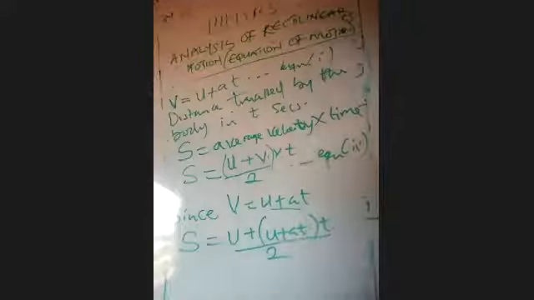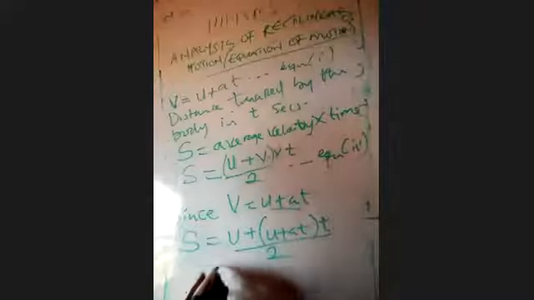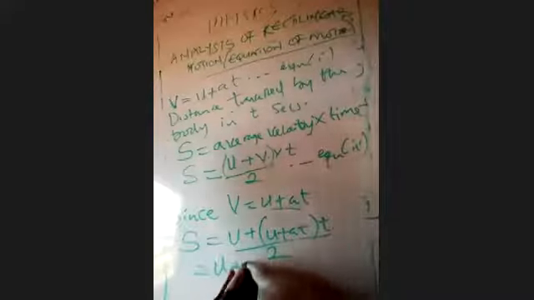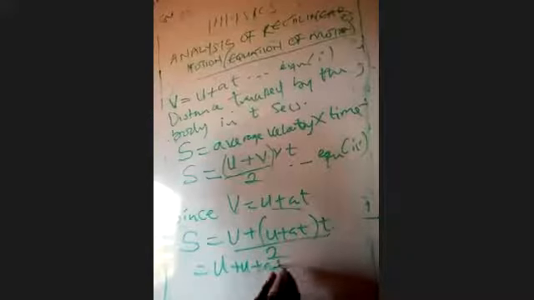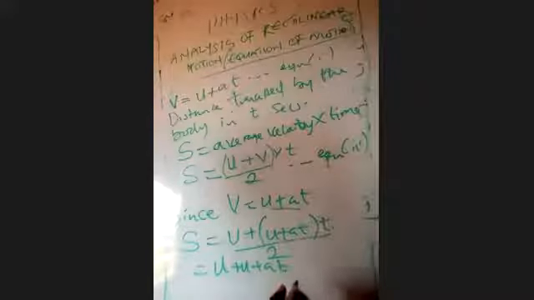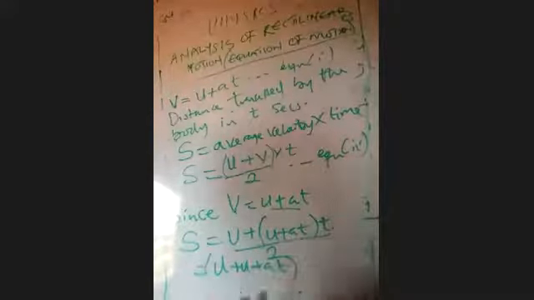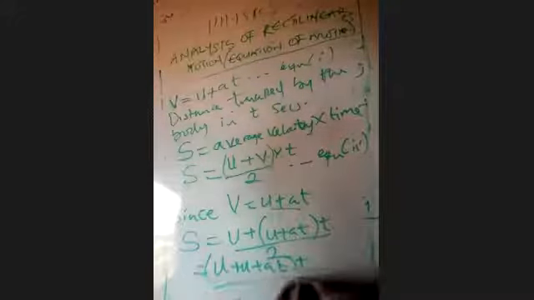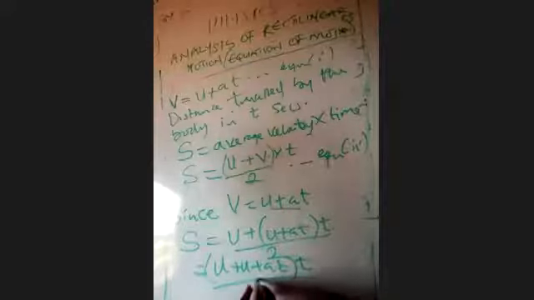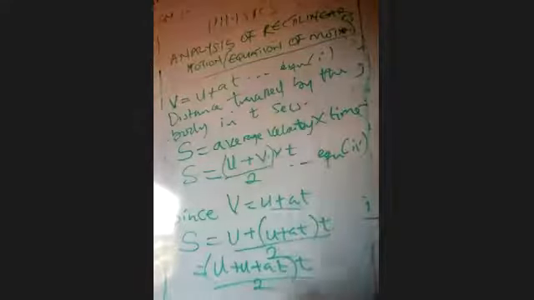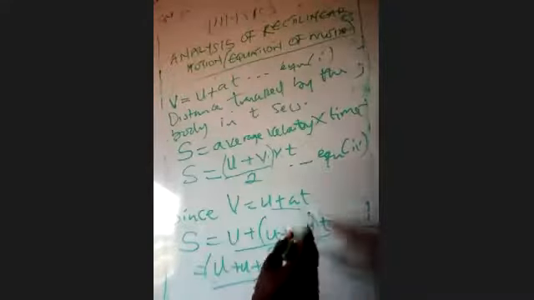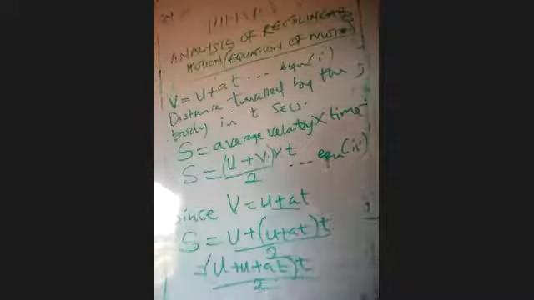So from there, we can now say this will be equal to (U plus (U plus a t)) times T all over 2.